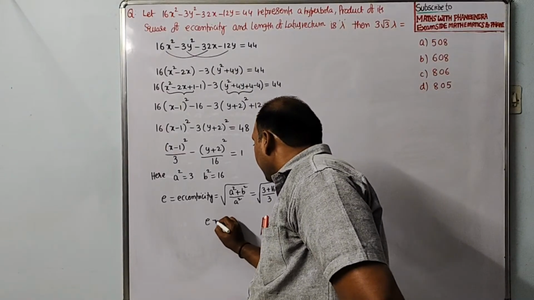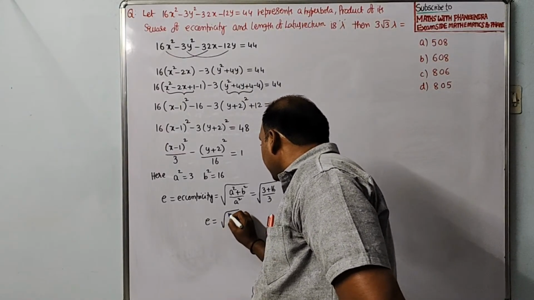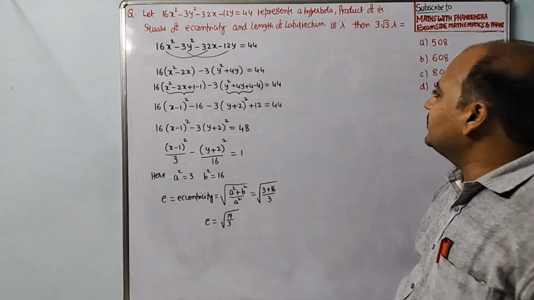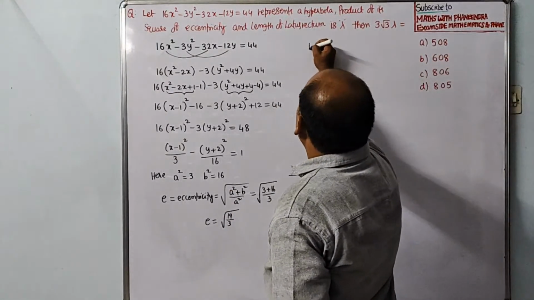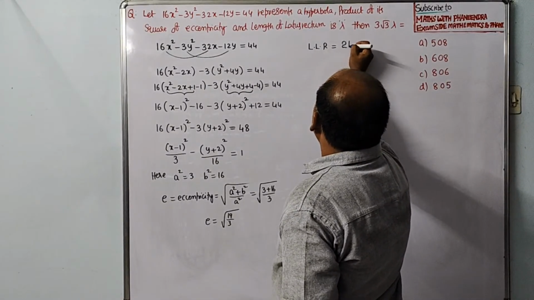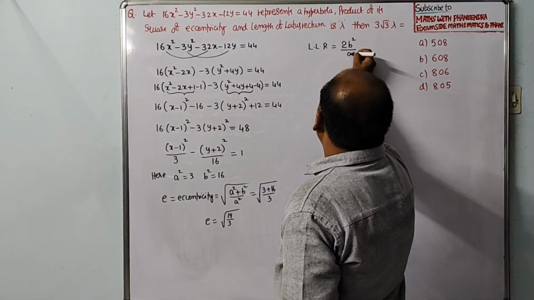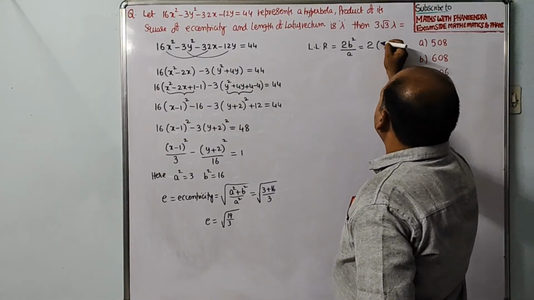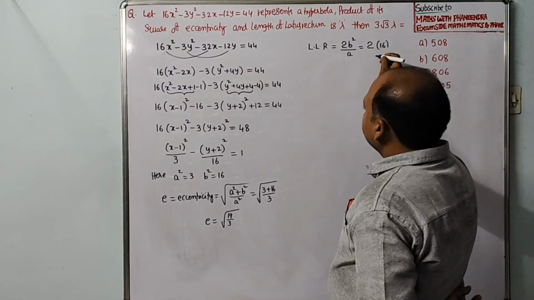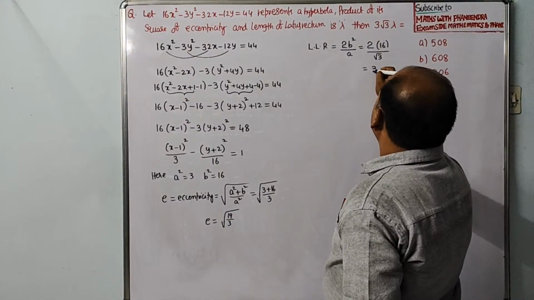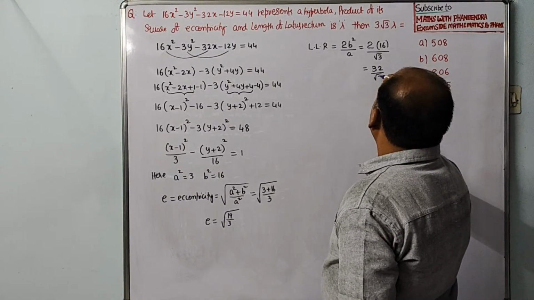So e is equal to root 19 by 3. Eccentricity is over. Next, length of latus rectum LLR equals 2b² by a, which is 2 into 16 divided by root 3, so 32 by root 3.